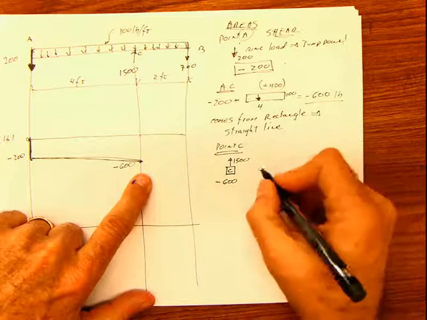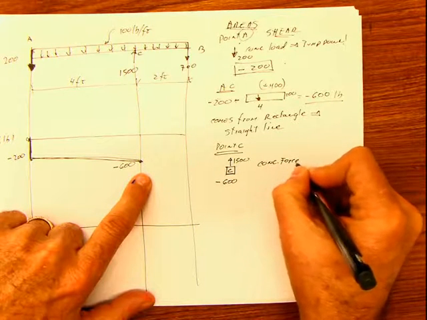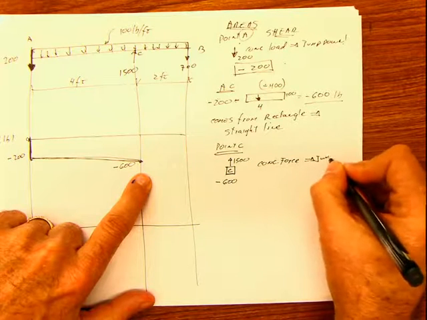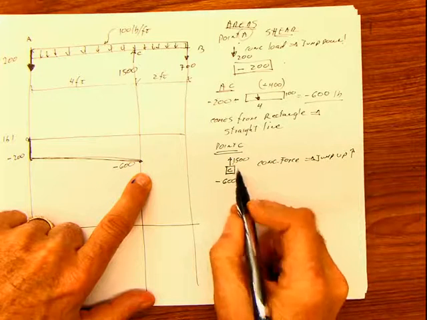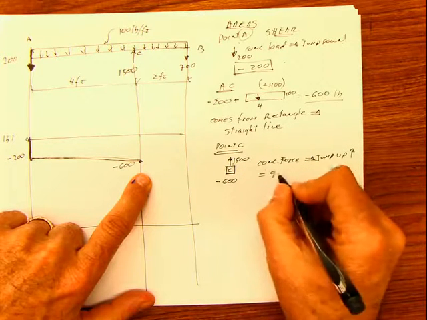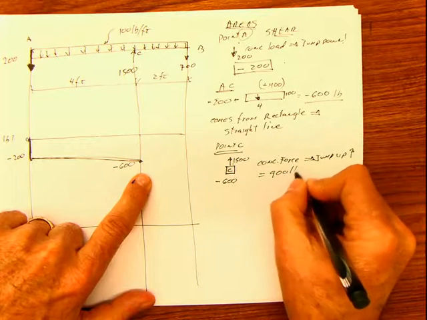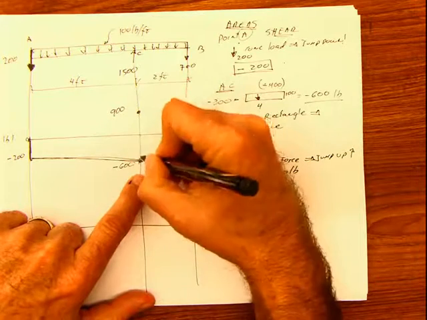That means it's going to be a jump, concentrated force, jump up in this case, because the force is pointing up, and 1500 minus 600, I'm sorry, is going to be 900 pounds. And this is going to be the jump.